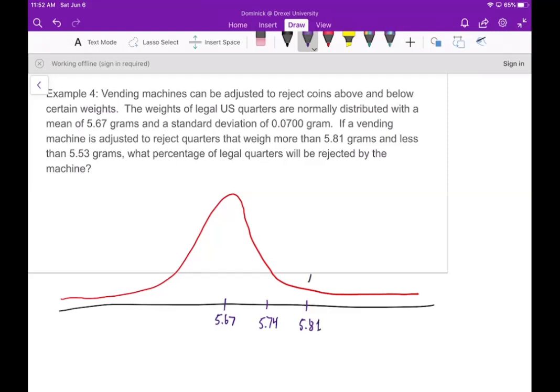So we see that that's 2 standard deviations away. And if we go in the other direction, we're going to have a 5.6 and a 5.53, which is also 2 standard deviations.